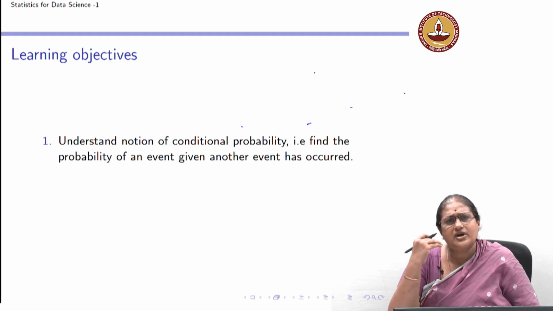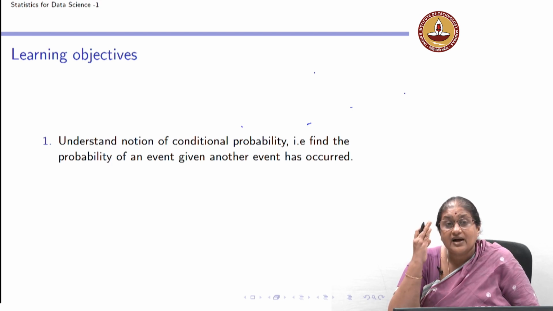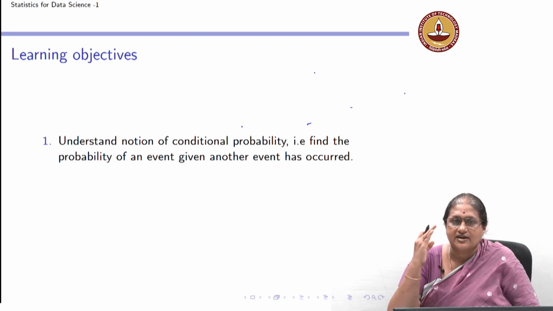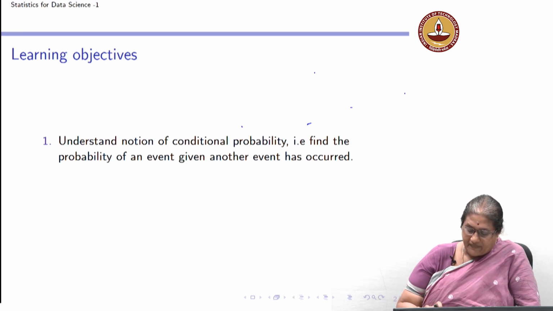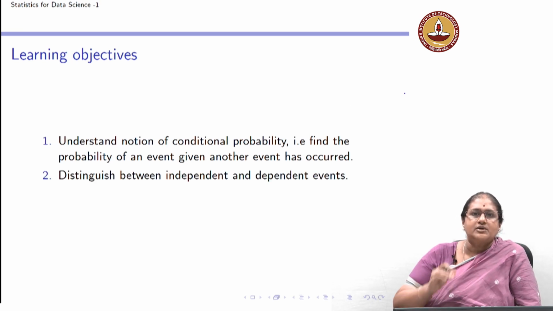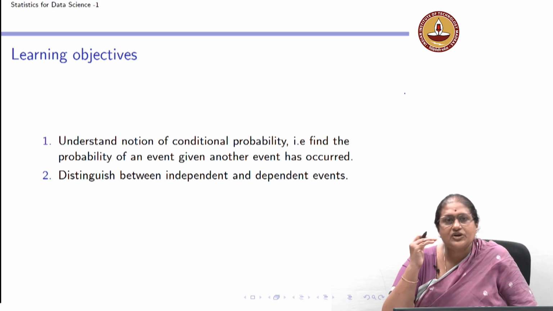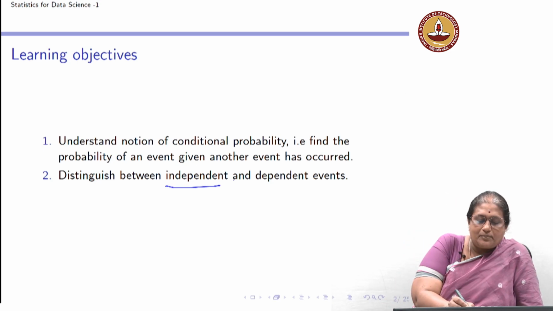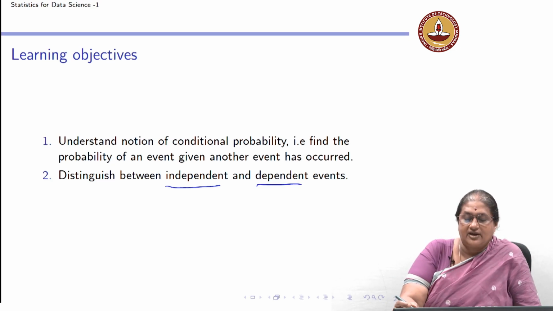This is where we introduce the notion of conditional probability, which in other words is the probability of an event occurring conditioned on, or given that, another event has occurred. So, we will understand what conditional probability is. Once we understand it, we will introduce the notion of independent events, and hence we will understand dependent events.